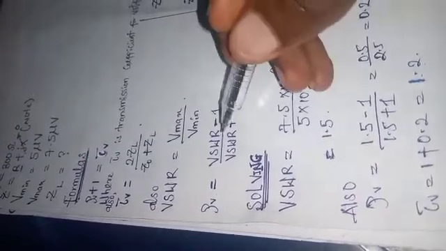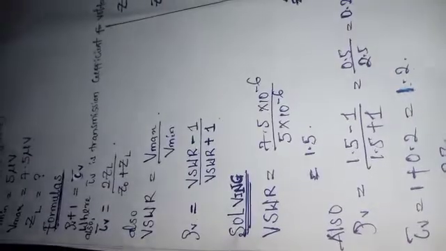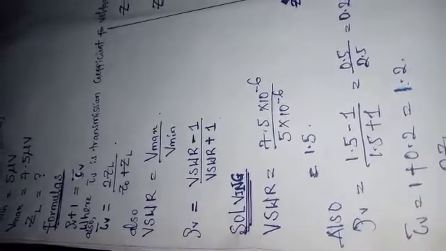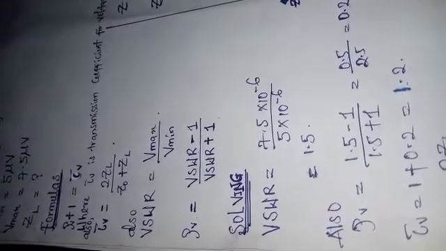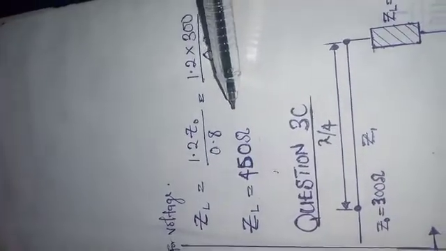Now you put that value into this other formula that we know, that the transmission coefficient is equal to 2ZL all over Z0 plus ZL. So you make ZL the subject of the formula, which is what I did here. After that, you solve and you get that the load impedance is 450.